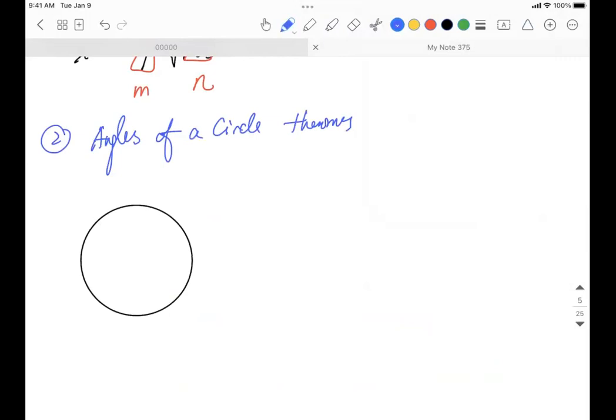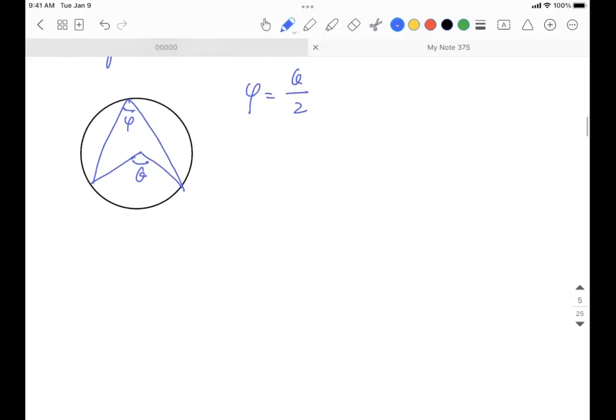One thing we just talked about: if we have a center angle and an inscribed angle, they're both facing the same arc. This is theta, this is phi. We know phi is theta over 2. This is what we just talked about. Just want to put it here one more time to help you put everything together.